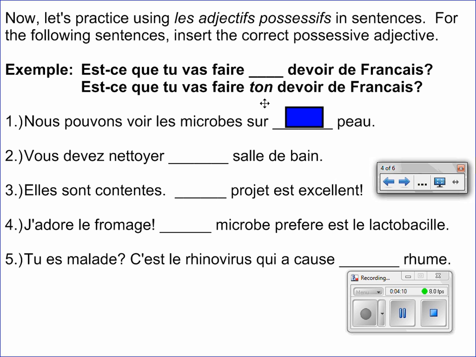Okay, I'll do the first question with you, and then I'll leave the remaining four for you to try out at home. So we have nous pouvons voir les microbes sur blank peau. In English, that means we can see germs on our skin. So again, using the subject nous as our clue, we know it's going to be notre or nos.